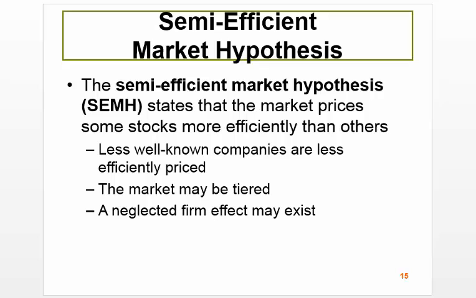So basically, I think what you will see here is that the market may be tiered and that there may be somewhat of a neglected firm effect going on, meaning that some companies are neglected whereas other companies get all the attention. And if you were really wanting to make money and you believed in the efficient market hypothesis, but you also believed in the semi-efficient market hypothesis, you might want to spend your time analyzing stocks that not everybody's looking at, because maybe you could find a hidden nugget, so to speak, or maybe you could find an opportunity that the rest of the market really hasn't paid much attention to.